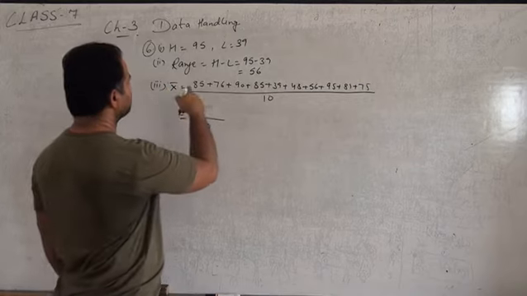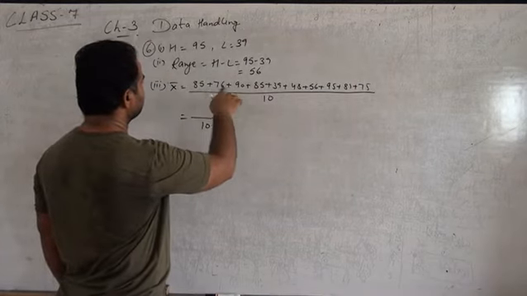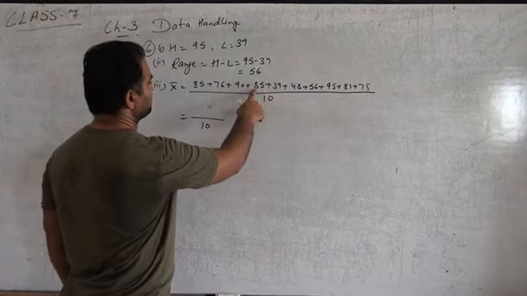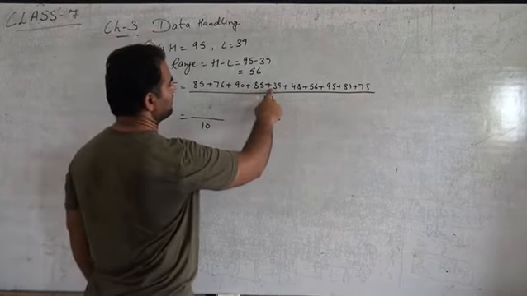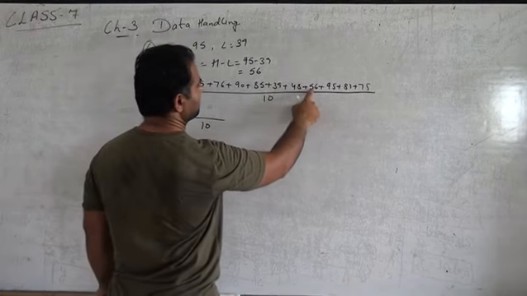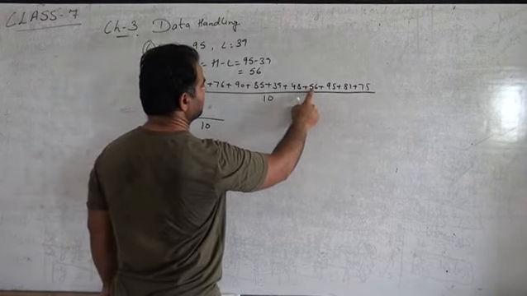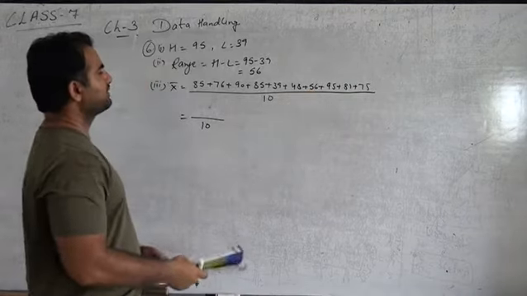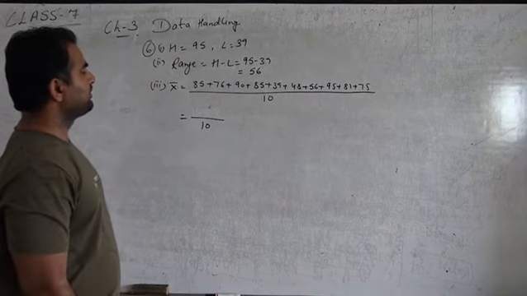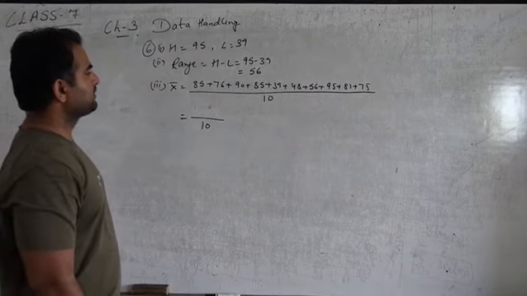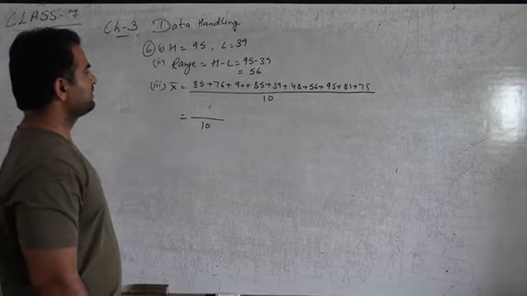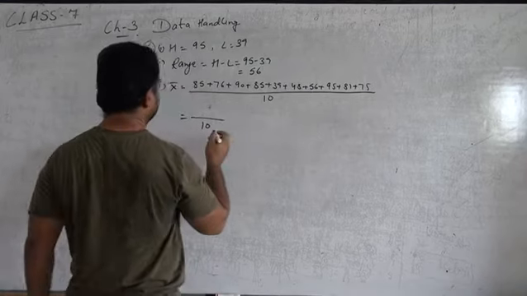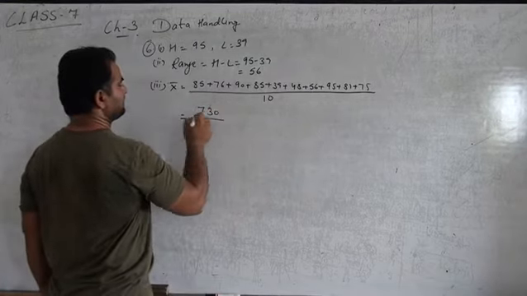What is 8 plus 7, 15. 15 plus 9, 24. 24 plus 8, 32. 32 plus 3, 35. 35 plus 9, 44. 44 plus 9, 53. 53 plus 7, 60. 60 plus 8, 68. 68 plus 5, 73... it will be 730.